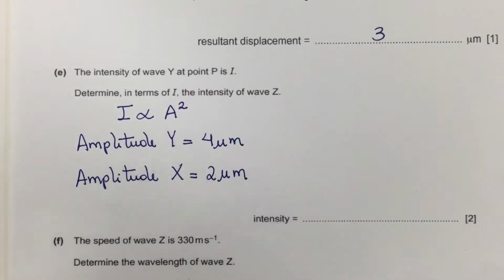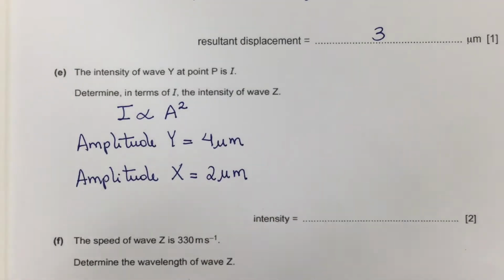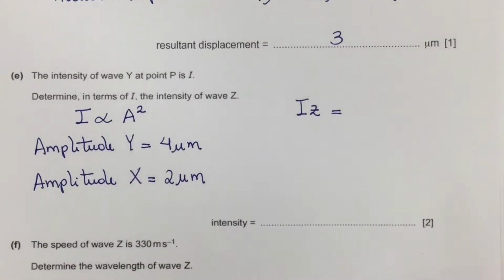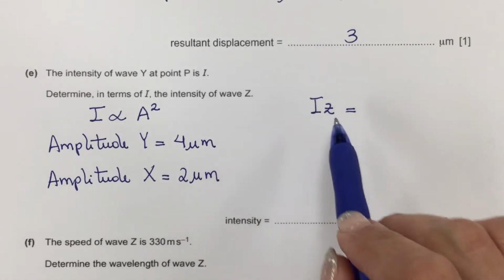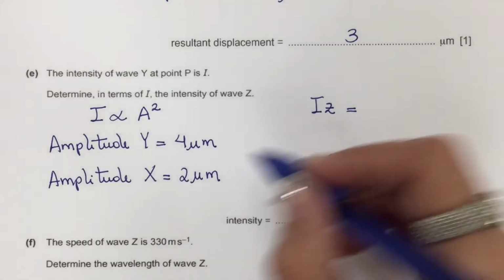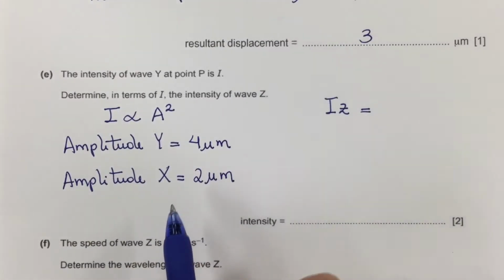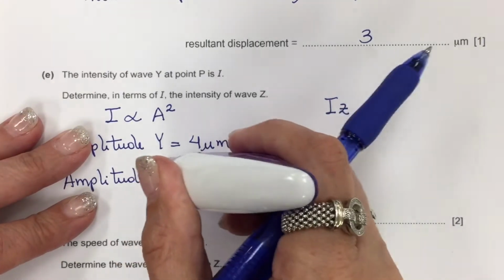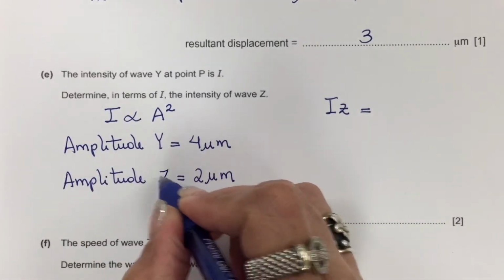To find the intensity of wave Z in terms of I, we need to establish a ratio. The order doesn't matter. So the intensity of wave Z, I'm sorry for this detail here, is not X, actually it is Z. I got the wrong letter here, let me make the correction.